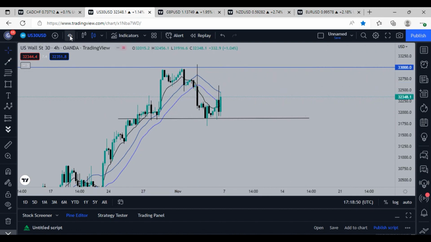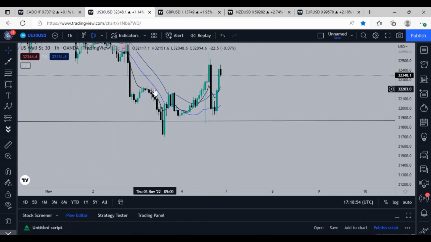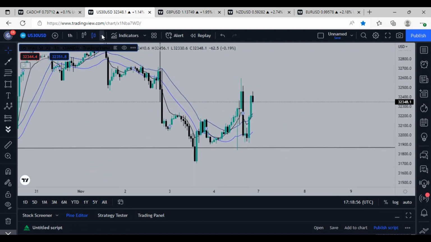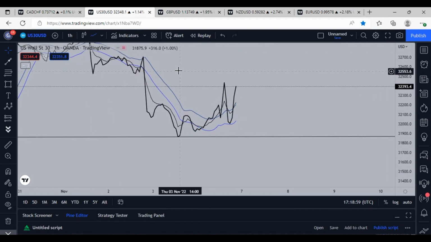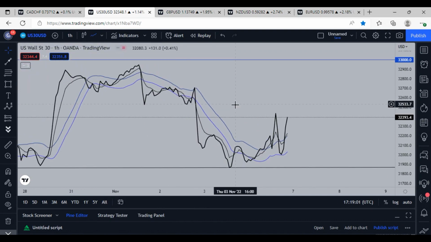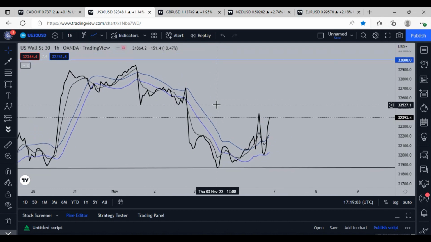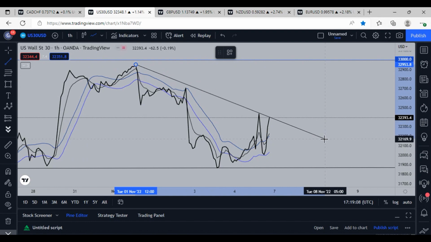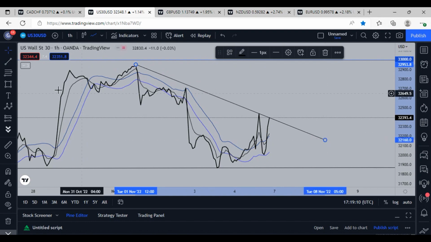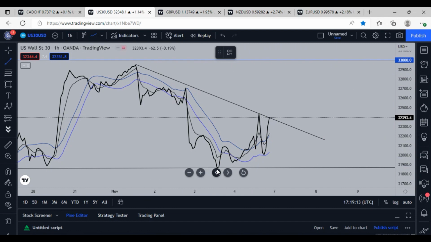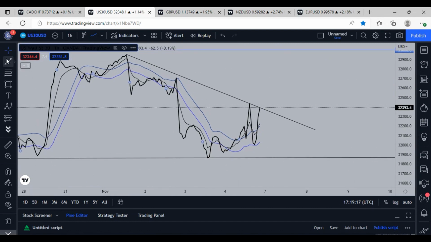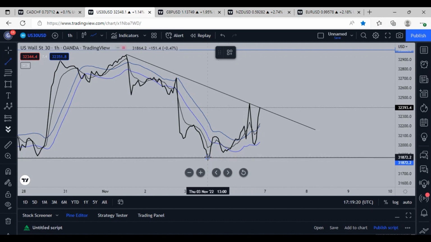So that's what I have on my 4 hour. That's what I see on my line. That is a trend line I can mark. Trend line I can make over there.